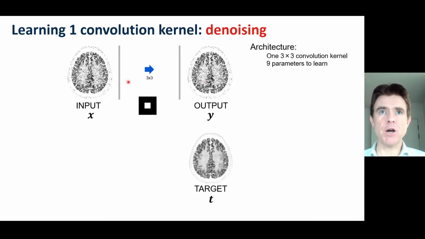But the point is, I'm now beginning to introduce some notation for deep architectures where we've got a vector going to a vector via this operator here, this blue arrow showing a 3x3 kernel, and that would correspond to 9 parameters, which we are going to learn.